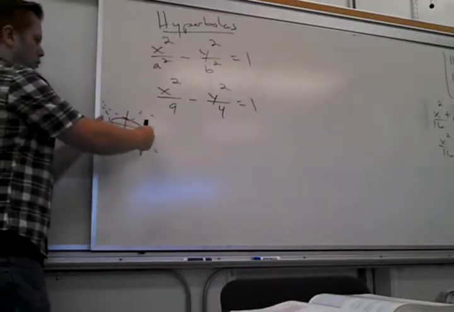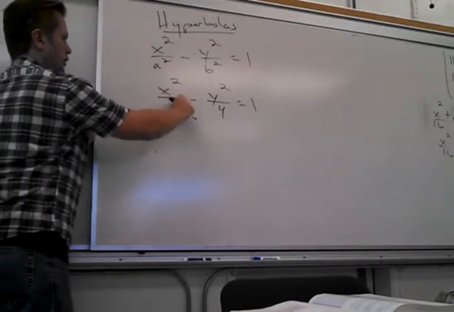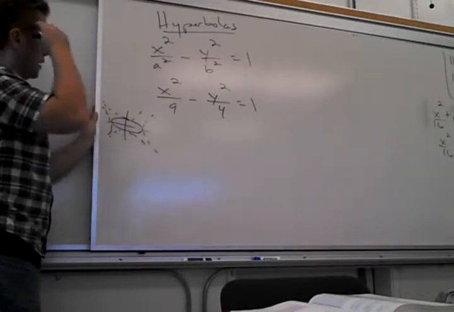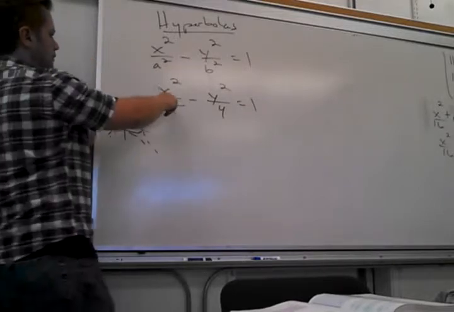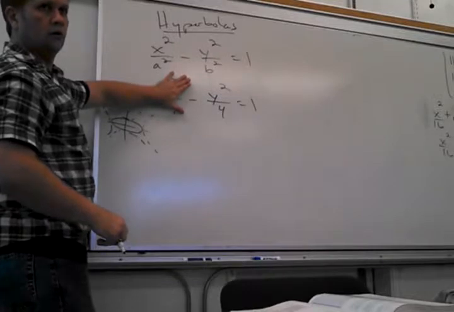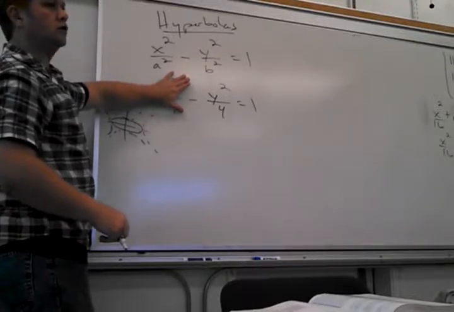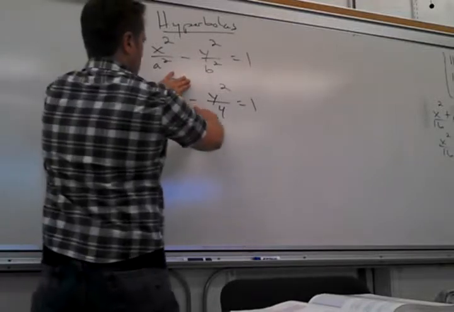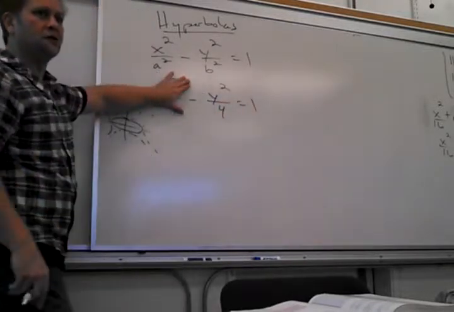Now, what determines whether it opens this way or that way is which one is not negative. So if I try to make x 0, what happens? It becomes negative. And what kind of answers do I get for y? Negative. Come on, think about it. y squared equals negative 4.